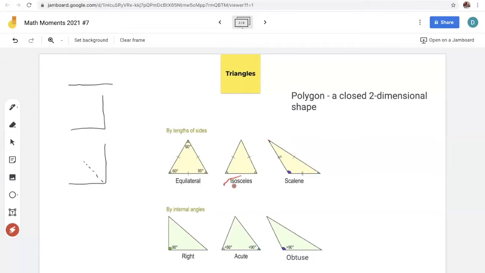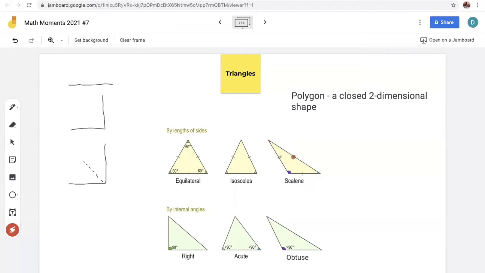Now an isosceles triangle means that 2 of the sides are the same. We can see the one on the left and the one on the right are the sides that are the same, and you can tell by the line that was drawn through the sides. And then finally, a scalene triangle is a triangle that has 3 sides that are all different.